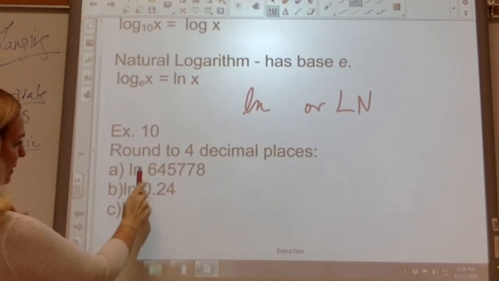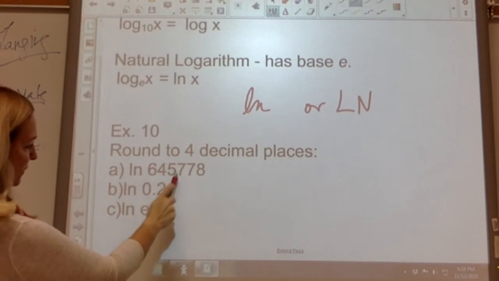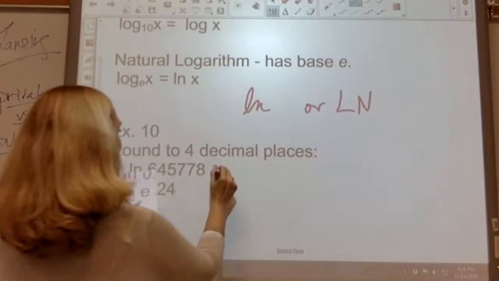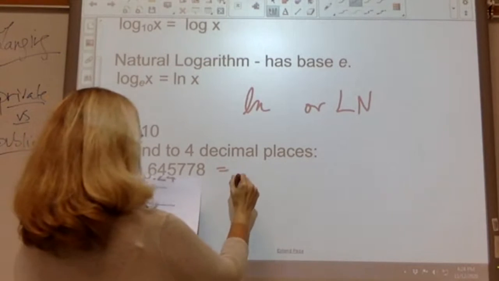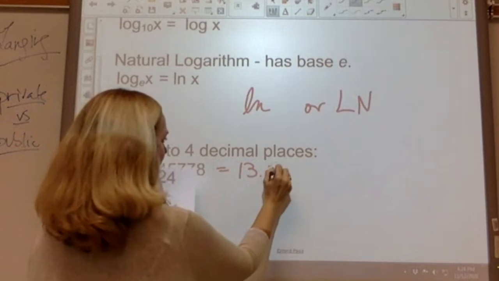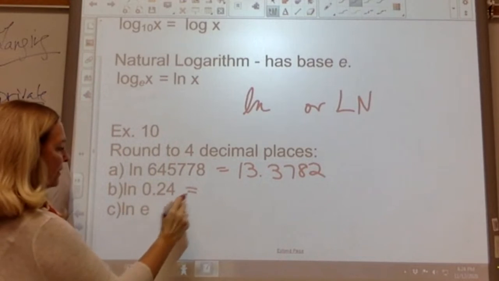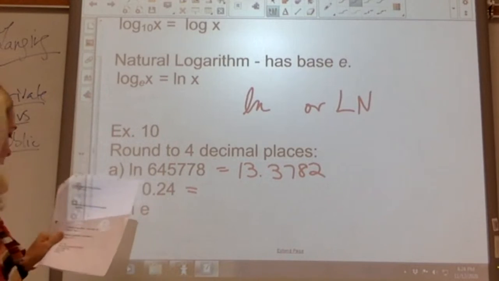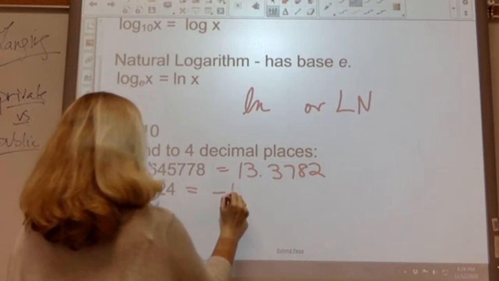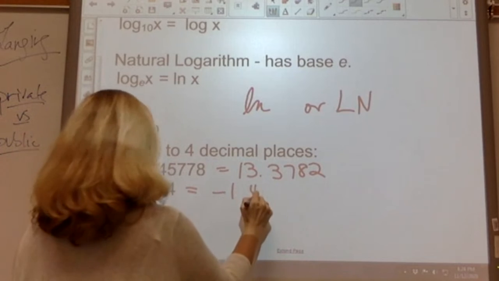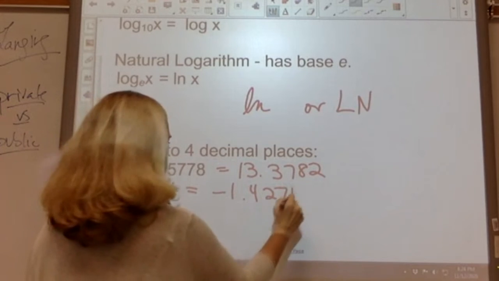All right, if I type in natural log of 645,778, I get, rounded to 4 decimals, 13.3782. Here, if I type in natural log of 0.24, I get negative 1.4271.